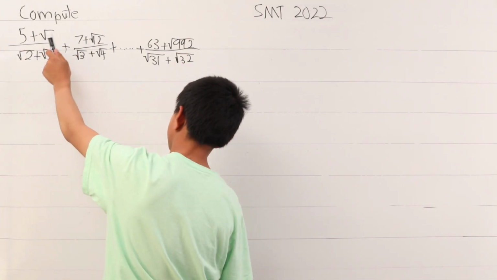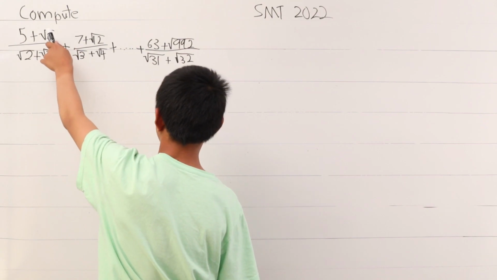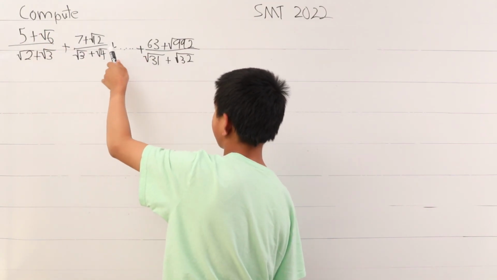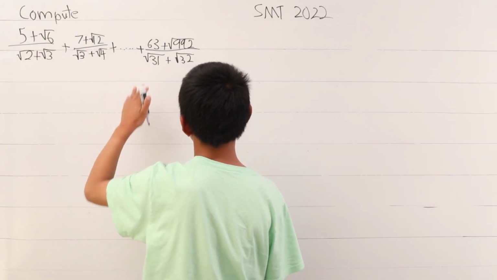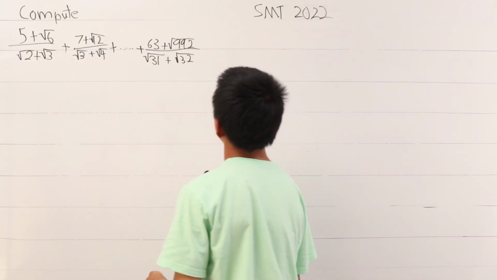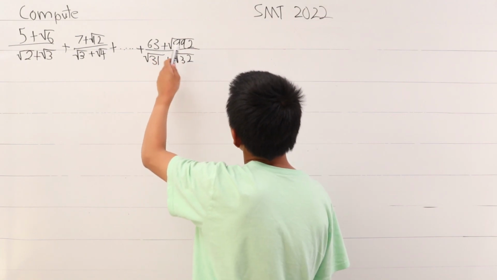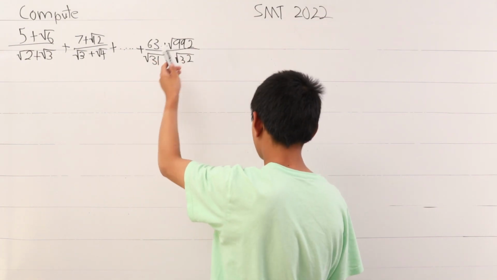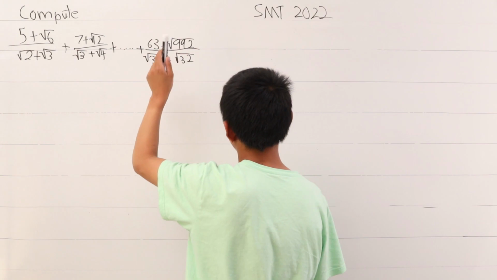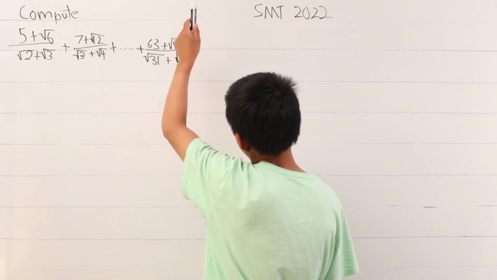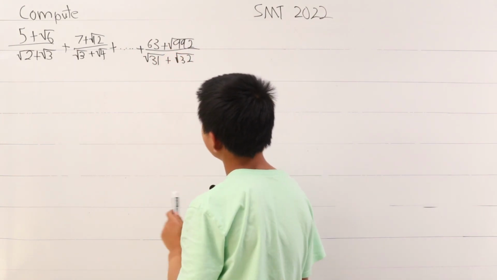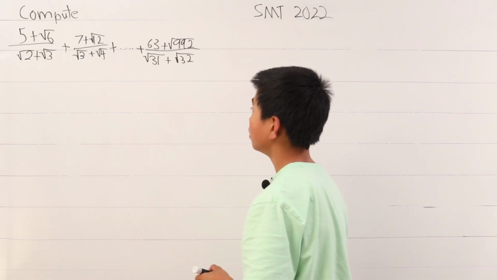Now you multiply these two terms to get the square root of 6, and that happens in every term being added here. So according to the rule of this problem, we know that 31 times 32 is 992. That will be an important piece of evidence later.